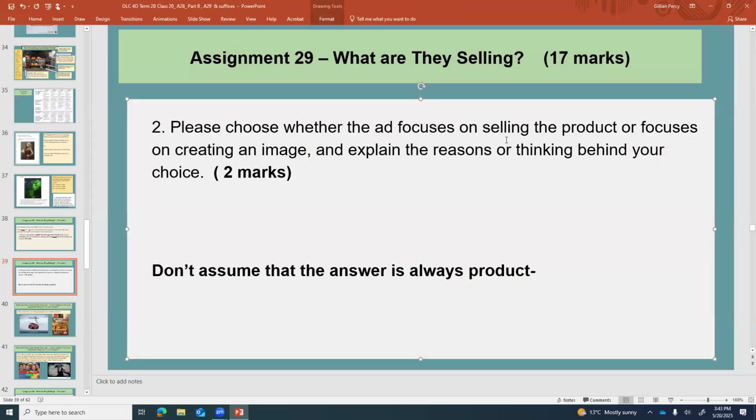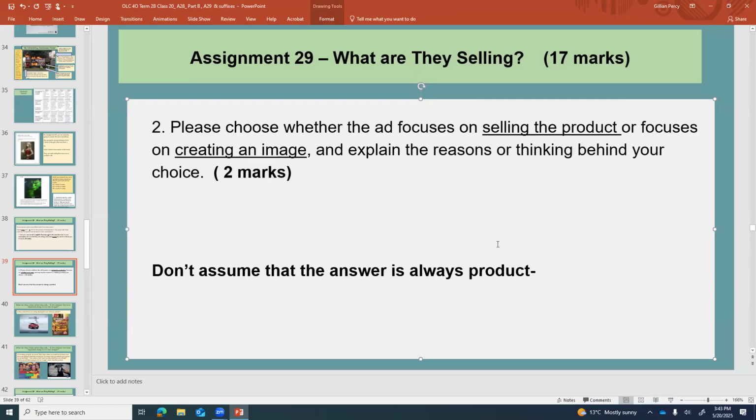Please choose whether the ad focuses on selling the product or selling the image. Now, I'm going to say something. Almost everybody tells me selling the product. If you're selling the product, the product will be a big part of the ad. If you don't see the product anywhere in the ad, they're not selling the product.